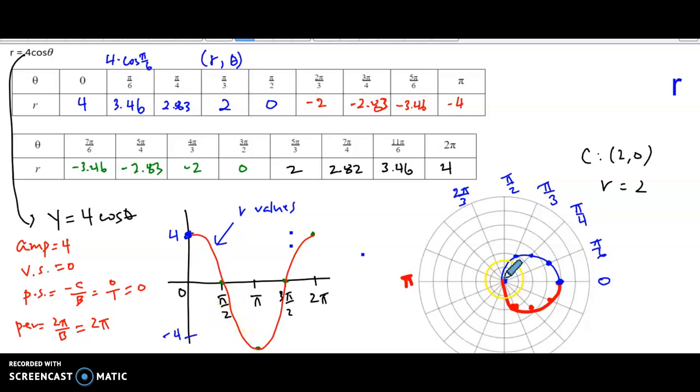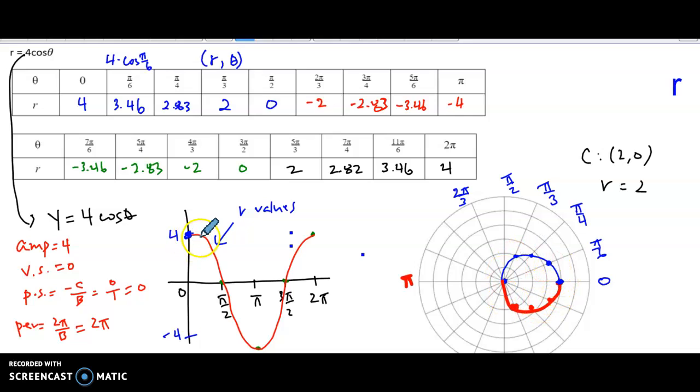Which made sense because as these angles are getting bigger, after pi halves, it's 2 pi thirds, and then 3 pi fourths, etc. But since these are negative values, that's why we go the opposite way. And so that's why the circle goes this way, and round it goes.